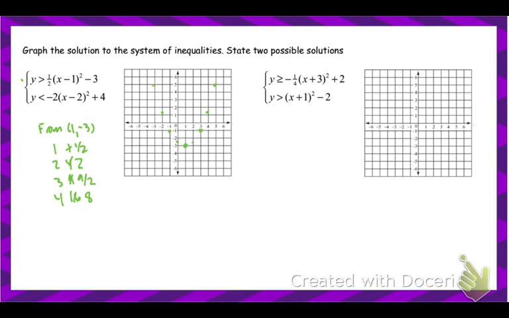All right, this is going to be a dotted line because it's not or equal to. And then shading, it's y is greater, so I'm going to shade above the vertex. Above the vertex, in this case, is going to be inside that parabola.